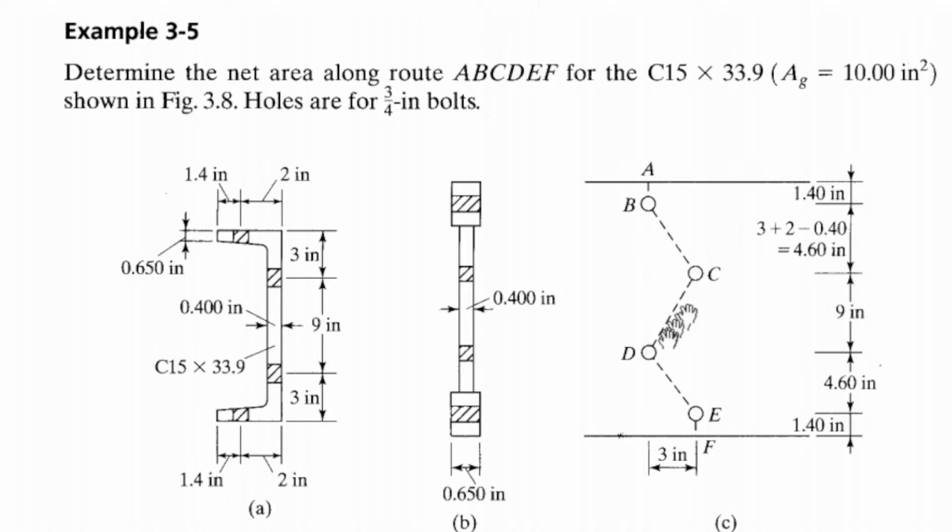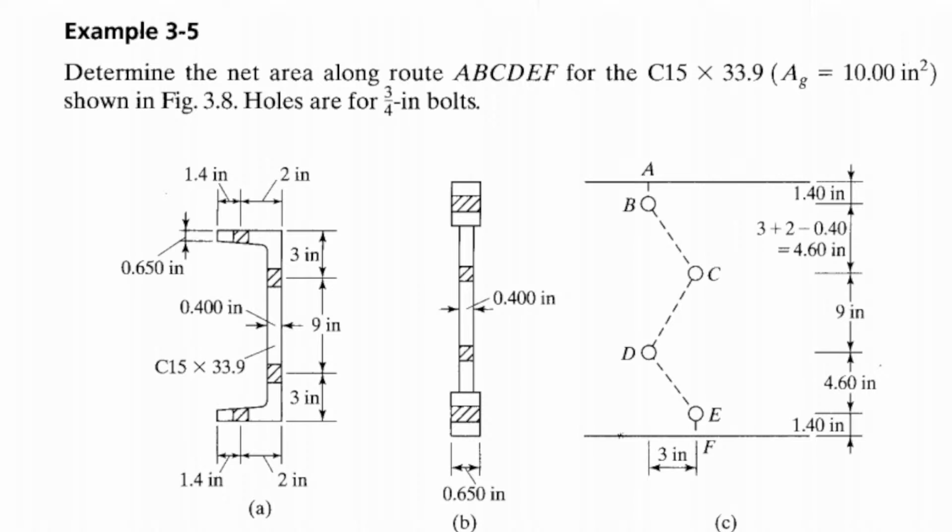We call this point G. So there are 3. Number 4, A, B, D, E, F. So there are 4 possibilities. We have to compare all the 4.